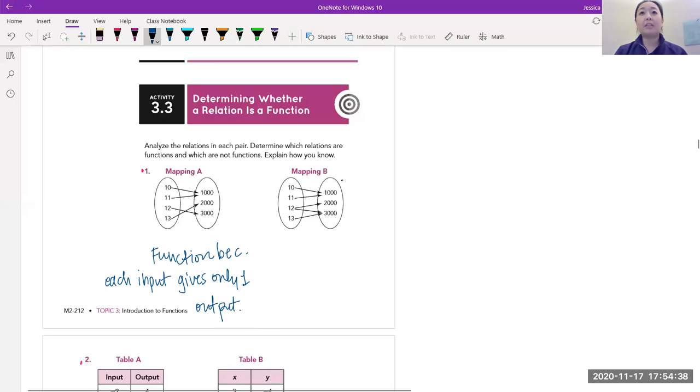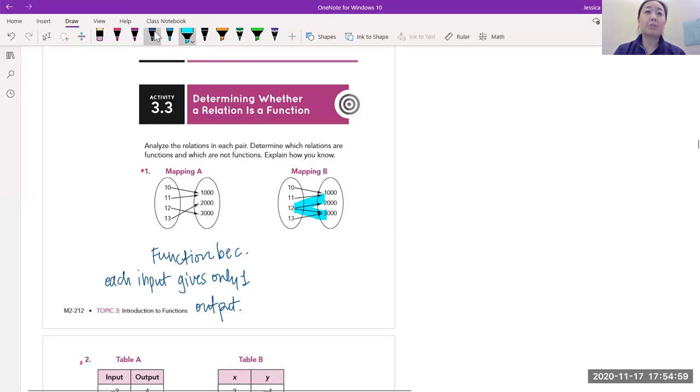And then for this number 2 right here, 10 leads to 1, 11 leads to one answer, 12, now 12 is a problem, right? Because it leads to 2. If it does that fork thing, if it splits into 2, it leads to 2 different answers. We can't have that. It should always be predictable. The input should always lead to one output.